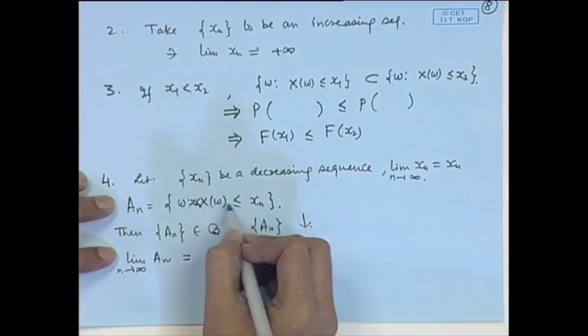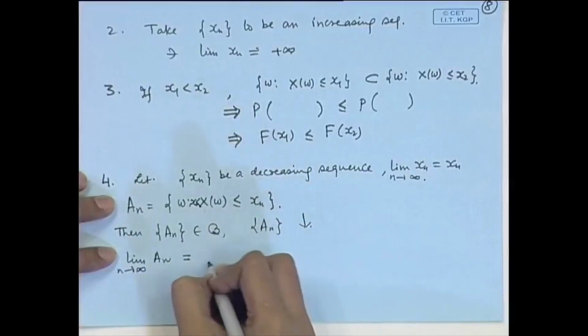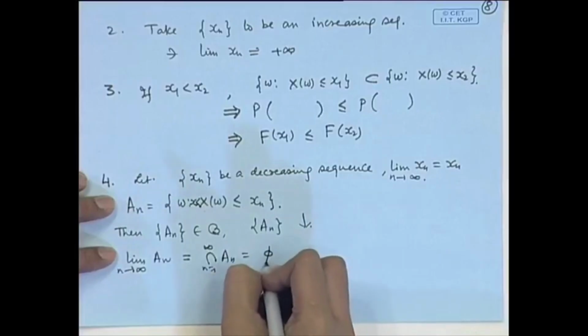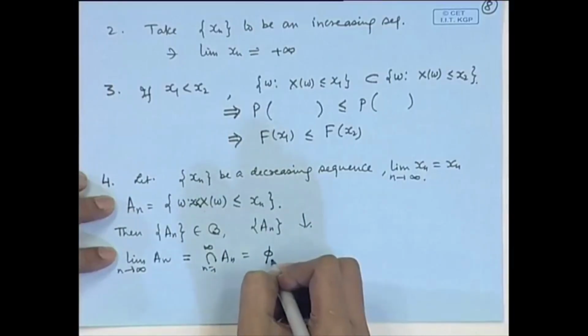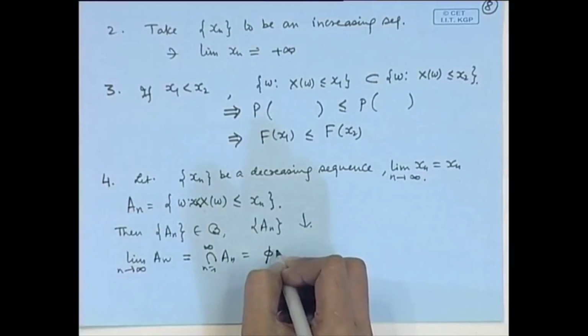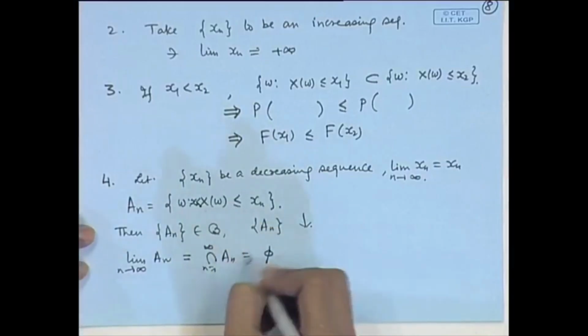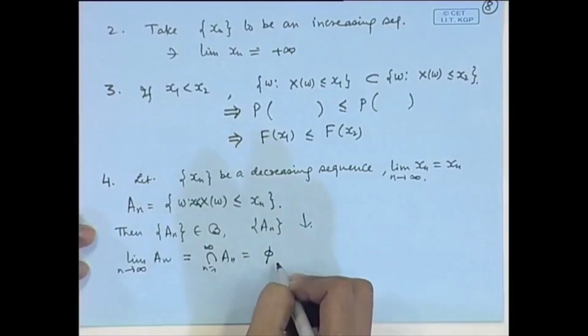So, if I take the limit here, this is going to be an empty set, that is intersection of A n as n is equal to 1 to infinity is an empty set, because if I consider any point, x is not included in any of them, therefore, it cannot be included in the intersection.